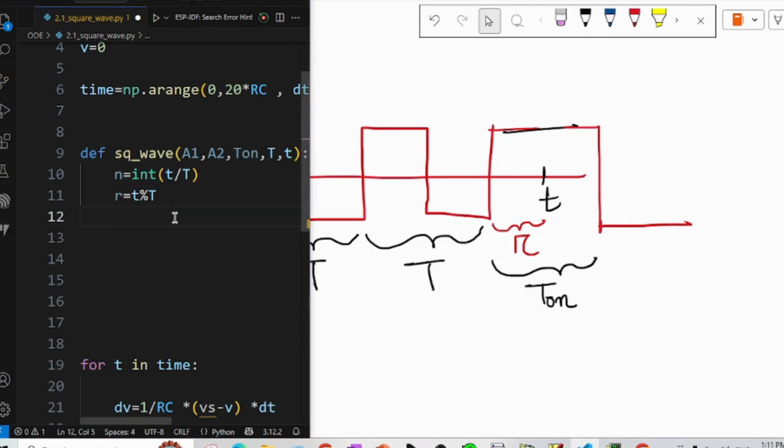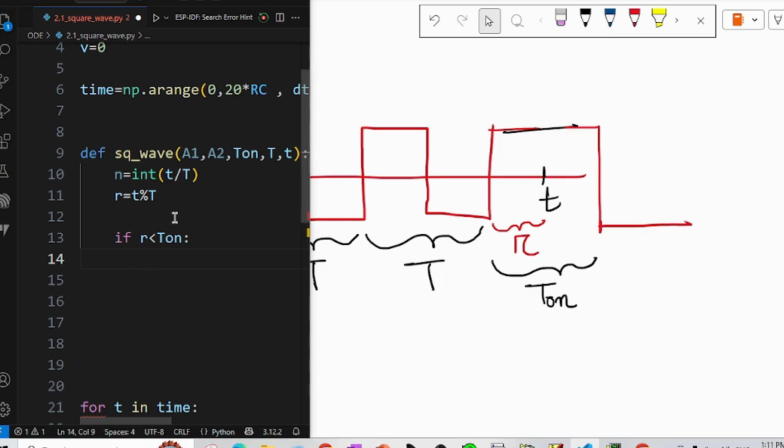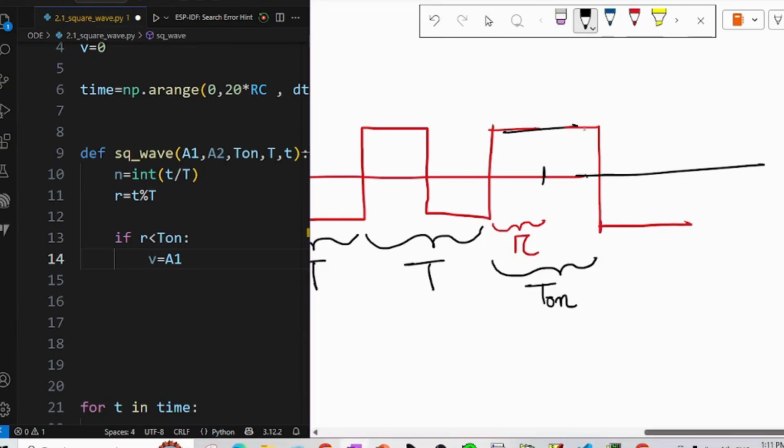So if I have to make a condition here: if r is less than T on, then our voltage will be A1, the highest voltage. But if you take the time here, that means r will be greater than T on.